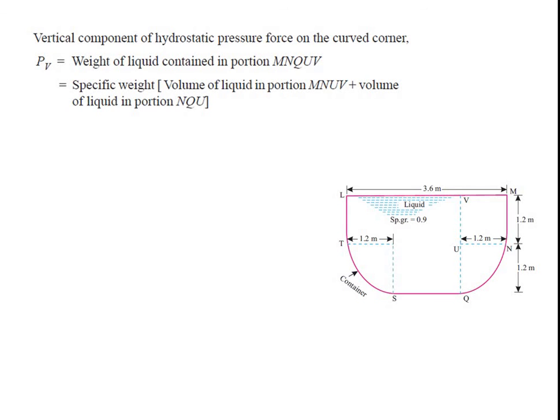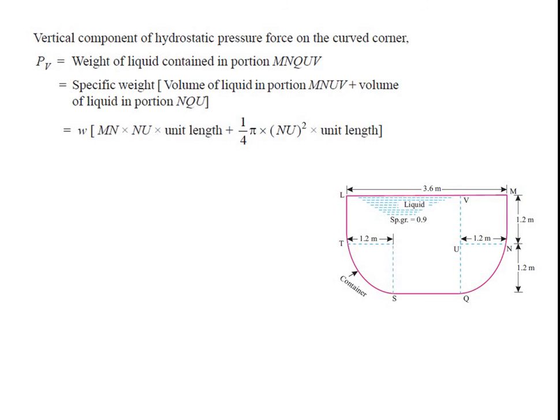Now for the vertical component, again the weight of liquid contained in the portion MNQUV. This is called the complete force, and the weight is considered here. So it is rho g into volume of MNUV plus volume of NQU, as we solved previously.